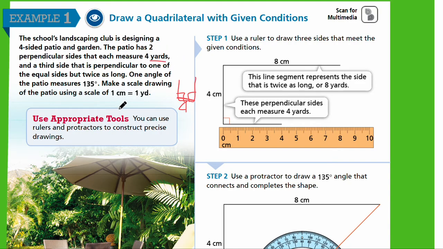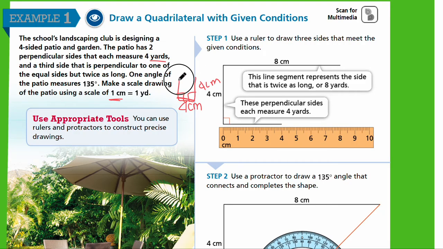Wait, 4 yards. Okay, so we're going to draw a scale that is equal to 1 centimeter per yard, right? So we could say this is 4 centimeters. Then we have another side that is 4 centimeters. But then the third side, which is perpendicular to one of the equal sides, would be twice as long as one of the equal sides.